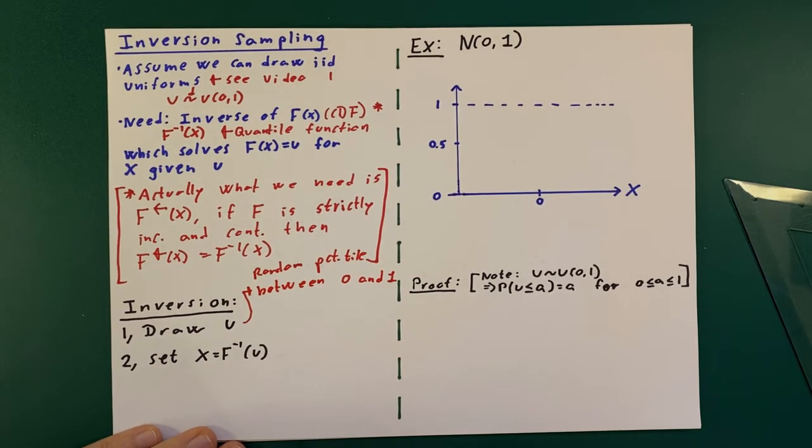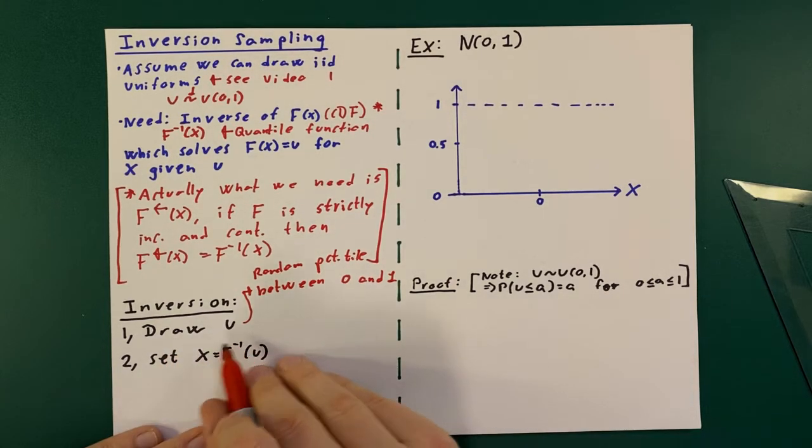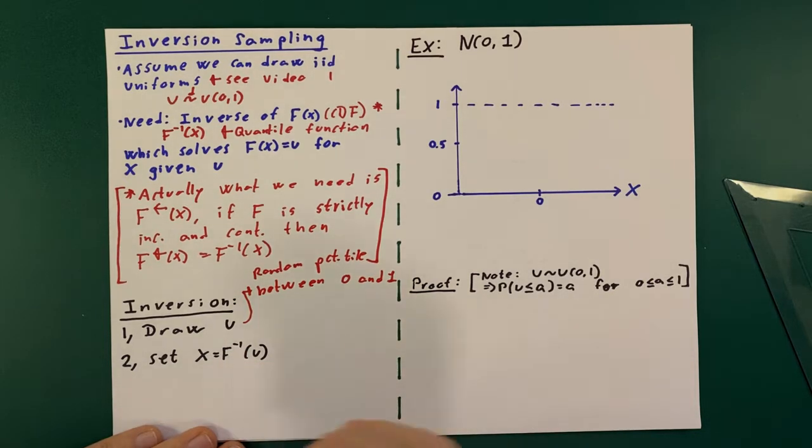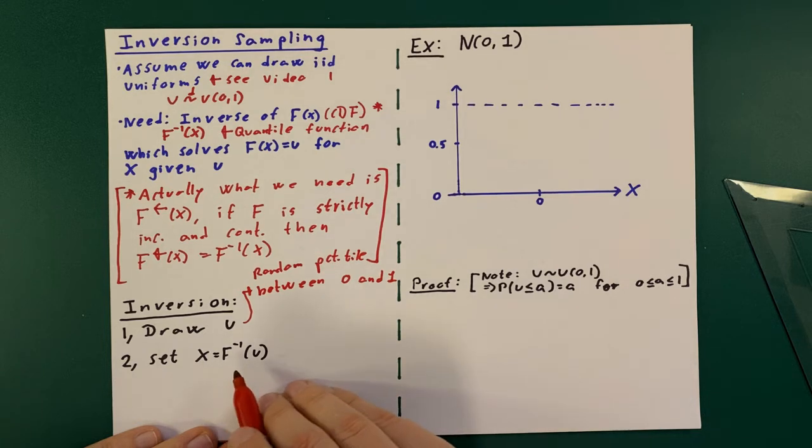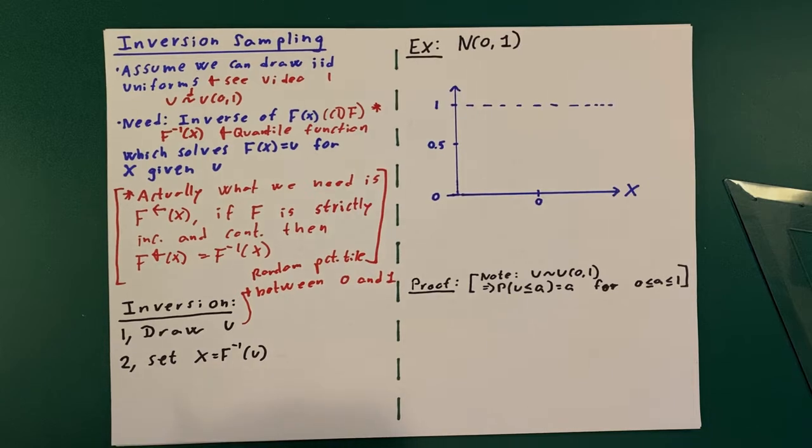Because it's a percentile, it might be intuitive that it should be uniformly distributed, how probable it is that we take any particular percentile. For example, it should be equally likely to get between the 90th and 95th percentile, or between the 50th and 55th percentile. So it makes sense that we draw u. Then in the second step, we set x, the output we want, to be the quantile function of our u. So that's the method.